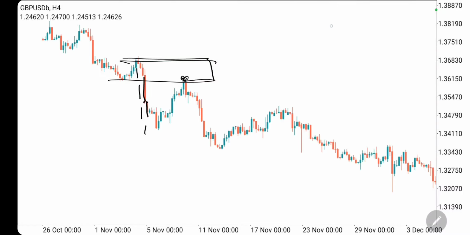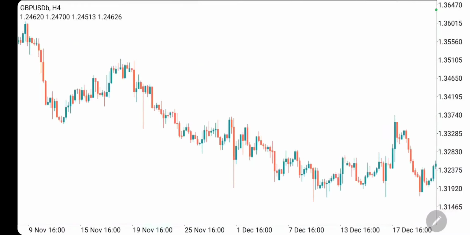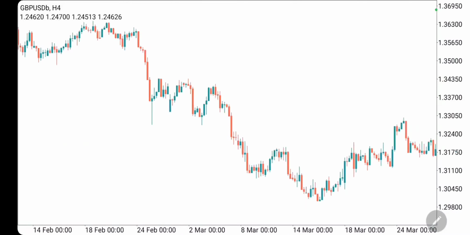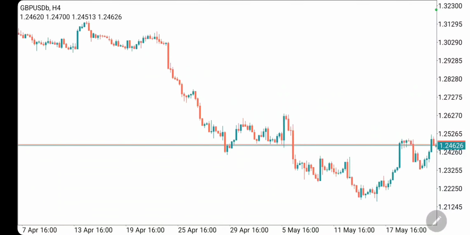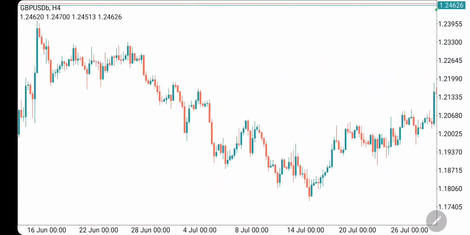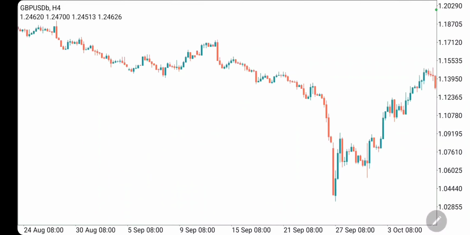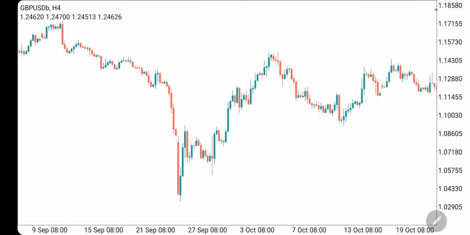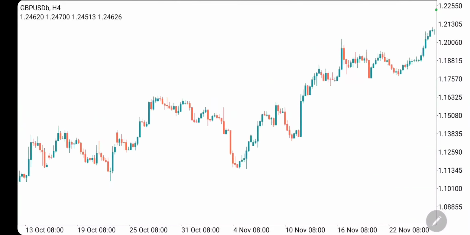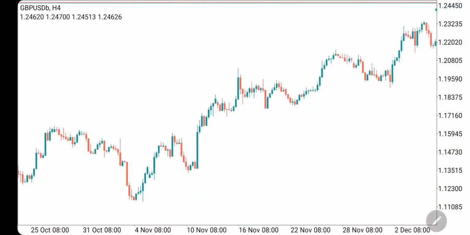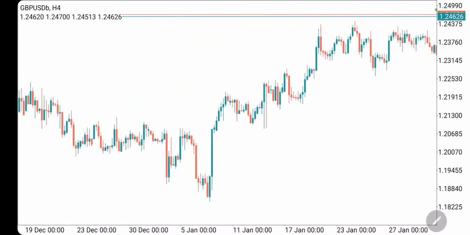It moved so fast away from the zone. Let us look for another applicable example where the market moved with high intensity from a zone. Let us see.